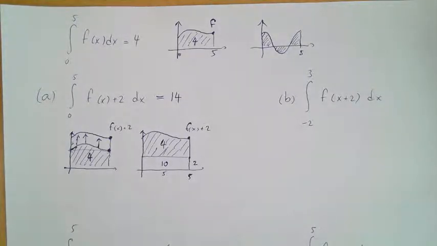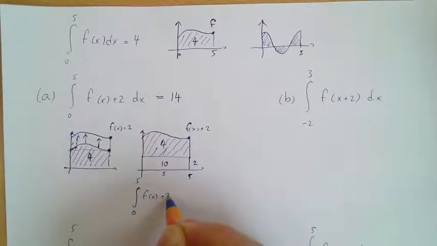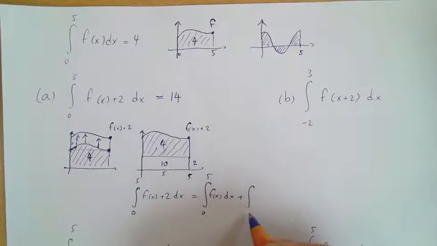Also, another way of solving this exercise was not thinking in terms of geometry, but in terms of algebra. The integral from 0 to 5 of f of x plus 2 dx can be written as the integral from 0 to 5 of f of x dx plus the integral from 0 to 5 of 2 dx.